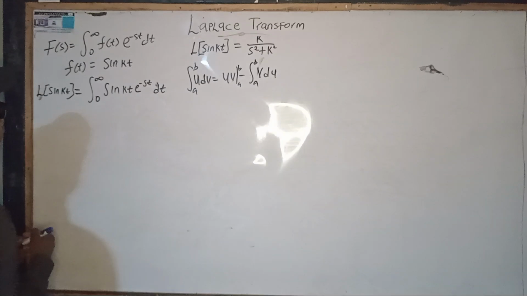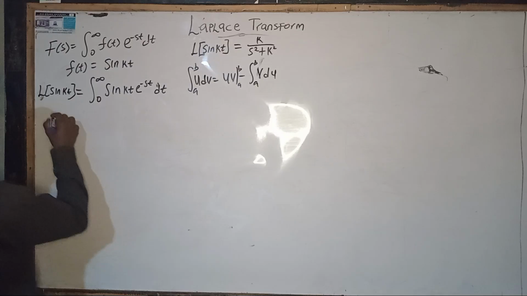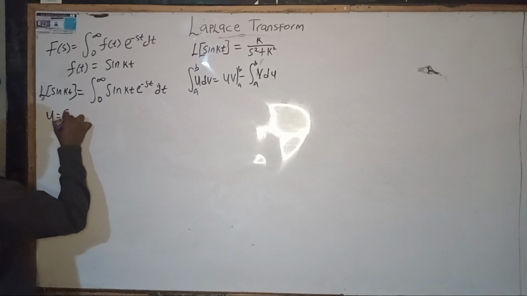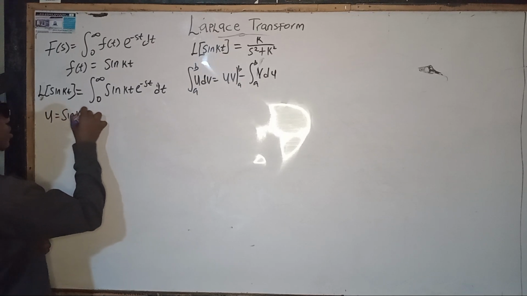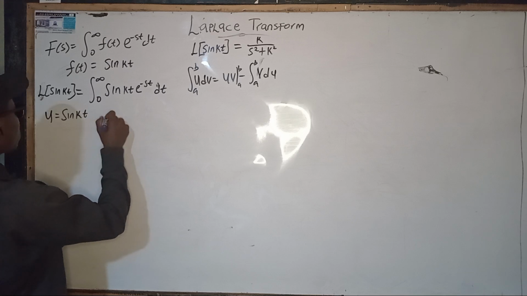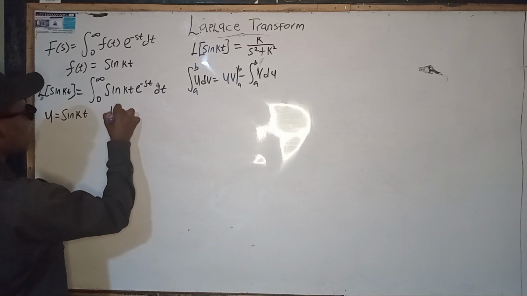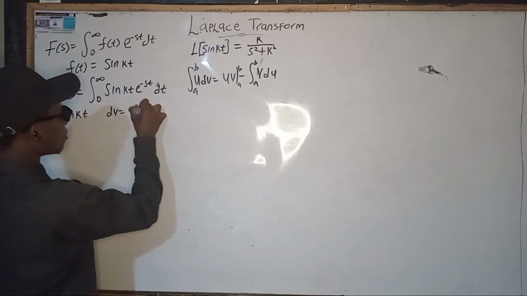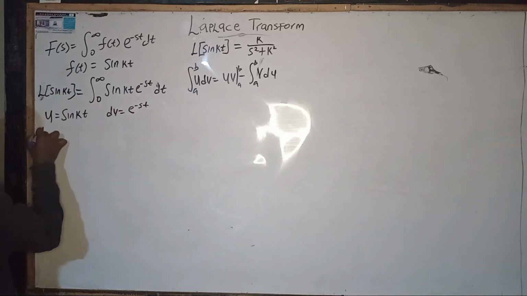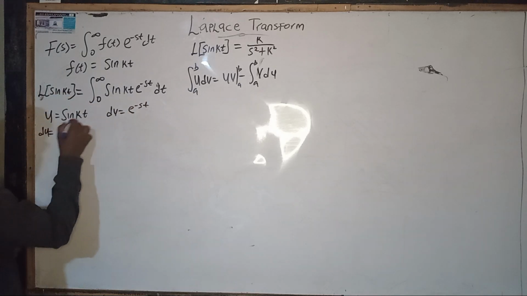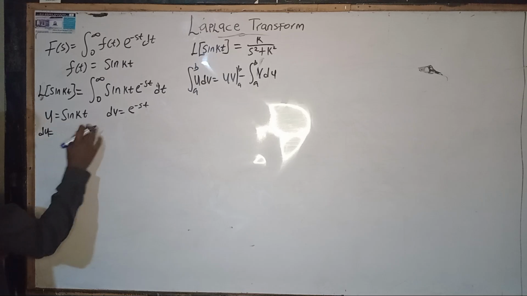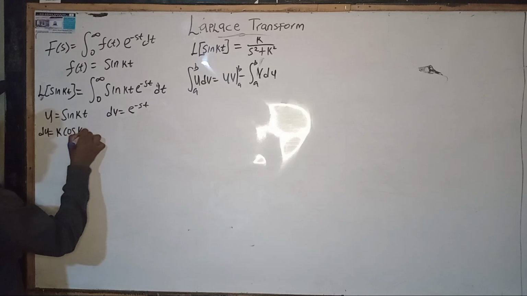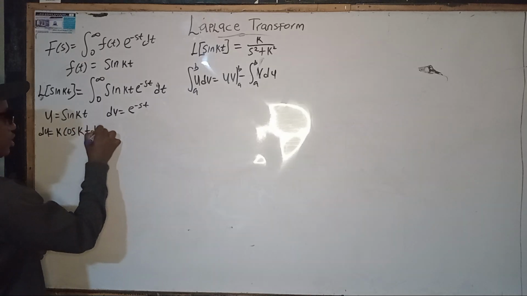So we move on. I make u equal to sine kt, and dv equal to e raised to the power minus st. Therefore du, if we differentiate this, gives us k cos kt dt.